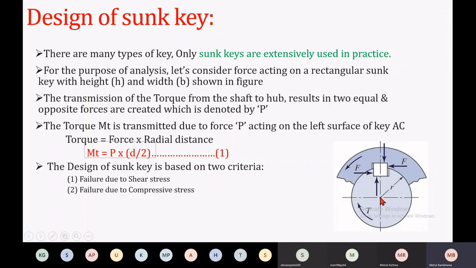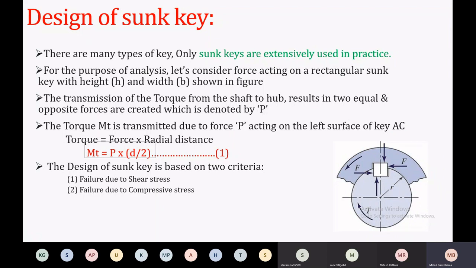Since the shaft is generating the torque, we consider the radial distance of the shaft, which is d by 2. So this is the total amount of torque we need to transmit from shaft to hub, and during that transmission, we need the required dimensions to avoid failure. That is our objective.